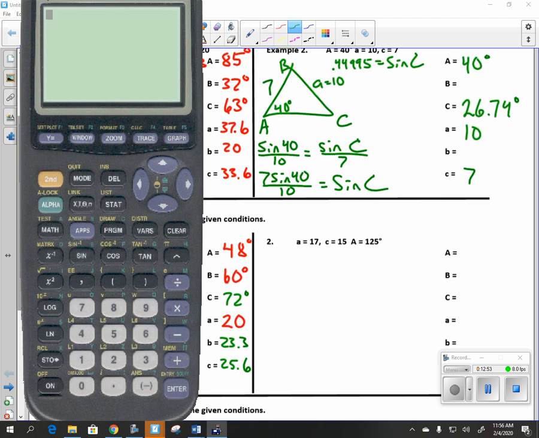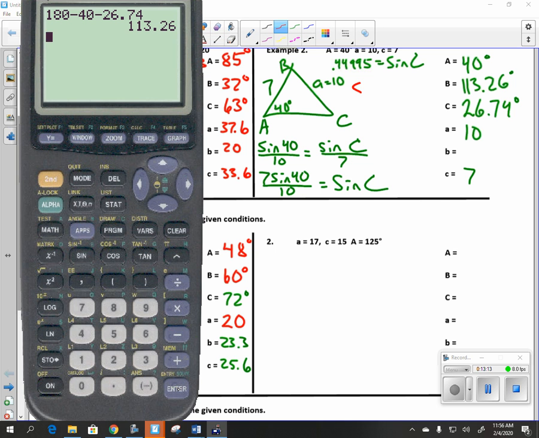So I subtract from 180. 180 minus 40 minus 26.74, and I get 113.26. Can I now find side B? Yep.